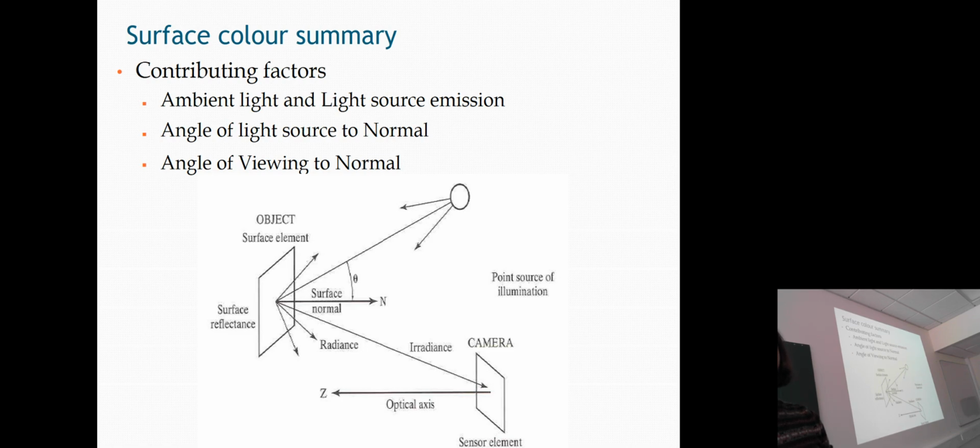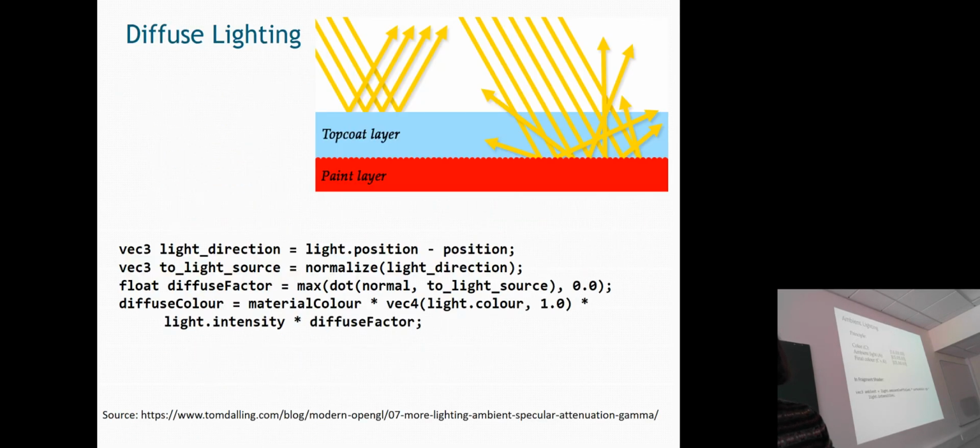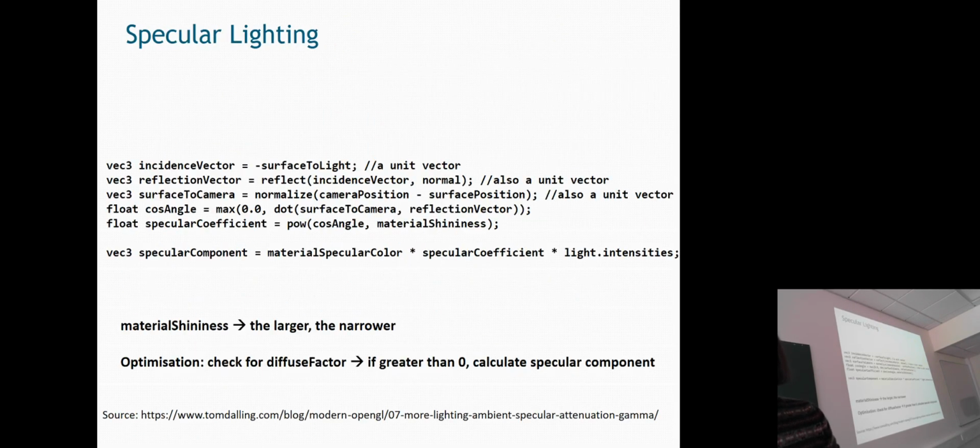If we have 90 degrees, so it's perpendicular and the observer doesn't really see it, then the cosine is equal to 0, and that's how we use that parameter. Then we have a specular coefficient, which is this cosine angle raised to the power of a material shininess parameter.